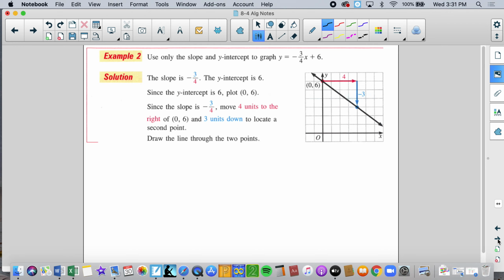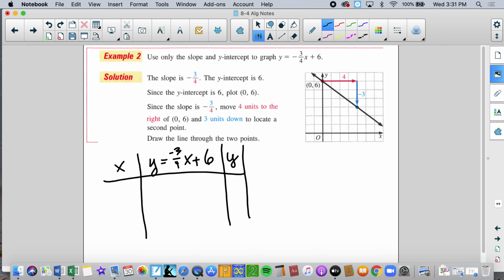So we used to use an H chart, and that was very inefficient. That was hard, and it was time consuming, and it was very, my buzzword this year, labor intensive. You had to plug in 0: y equals -3/4 times 0 plus 6, y equals 0 plus 6, y equals 6.